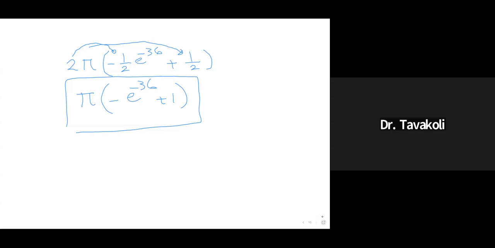Another example. Again, please try to do it on your own before watching my solution. So I want to find the integral over some region R of this function, the radical of 100 minus x squared minus y squared.